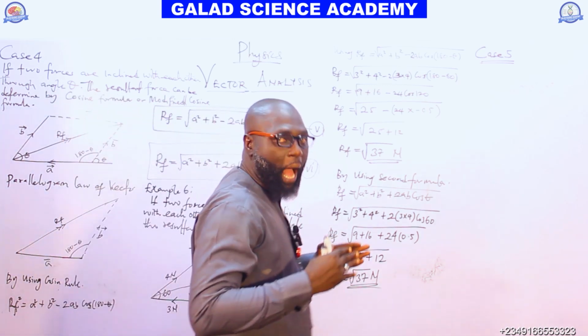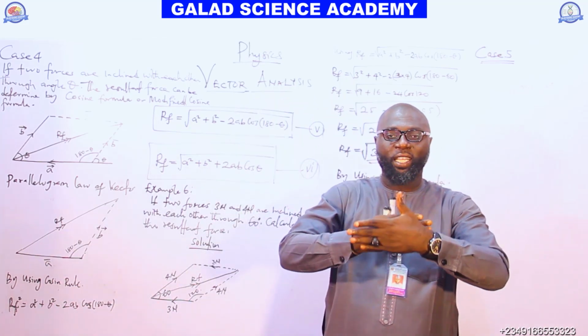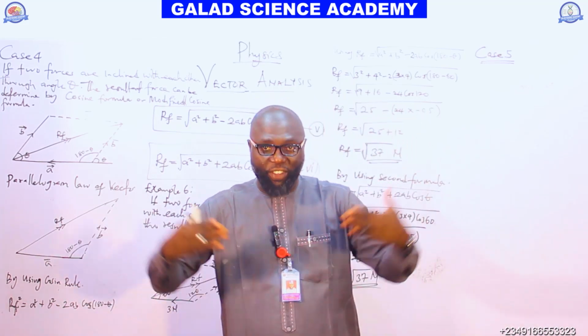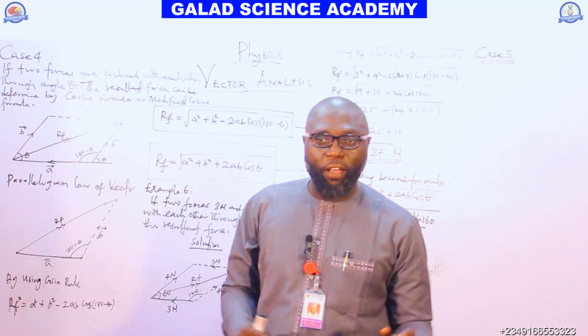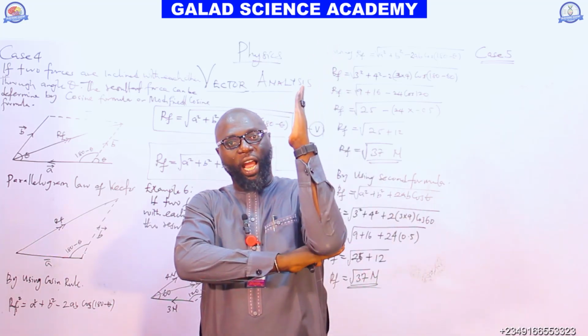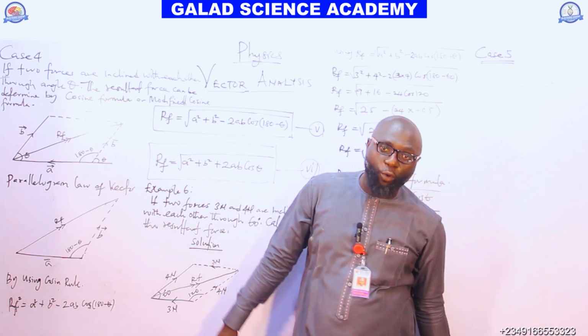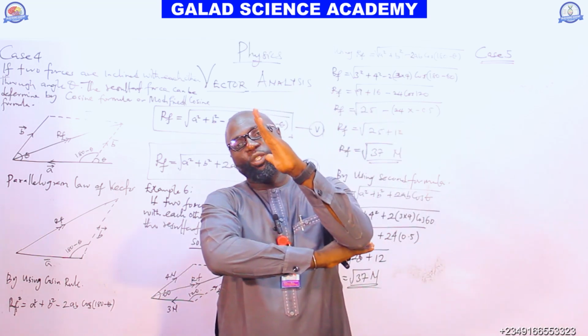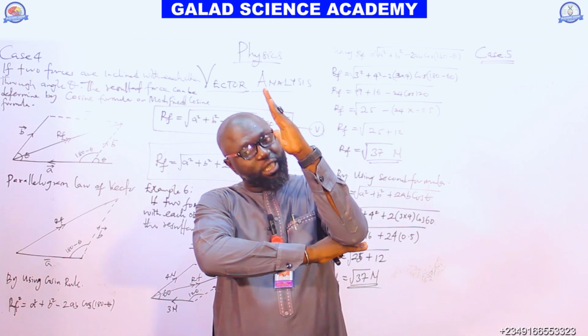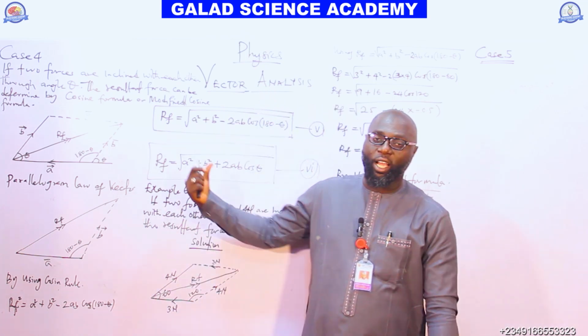If 2 parallel forces move in the same direction, we add. If 2 parallel forces move in different directions, we subtract. If 2 forces are perpendicular to each other, we use the Pythagoras theorem. If 2 forces are inclined with each other through an angle theta, we apply the cosine rule.